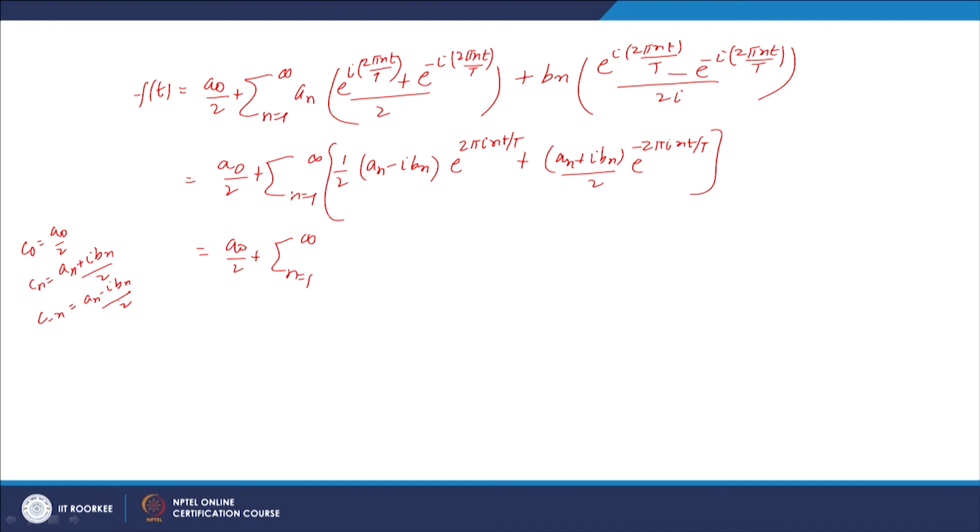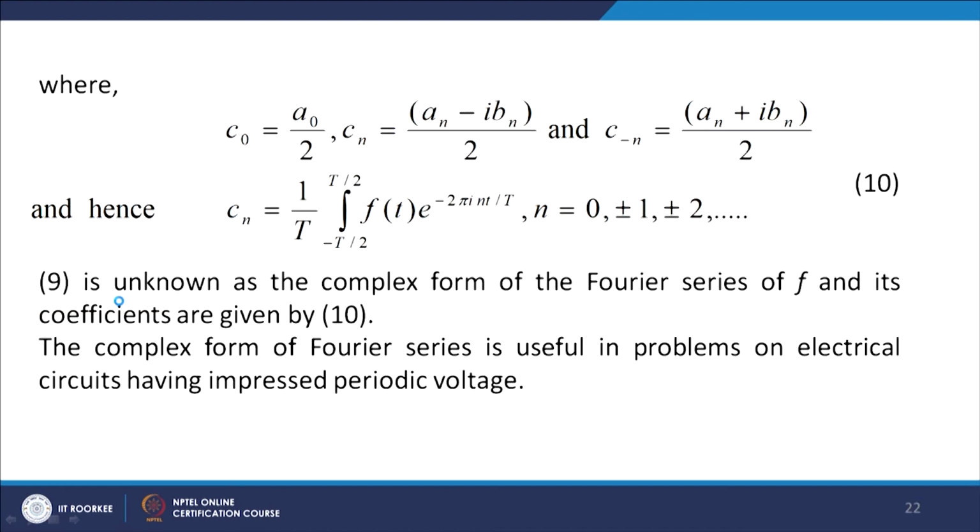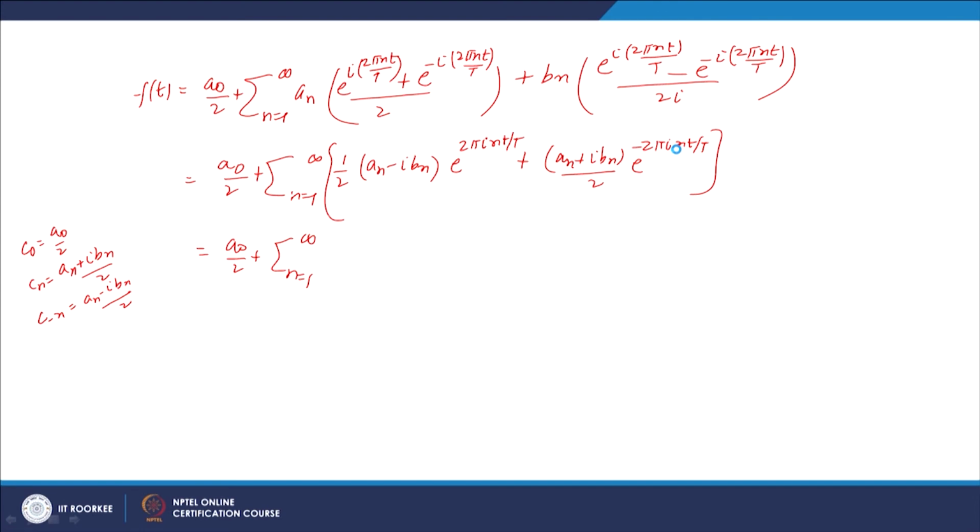Okay. Let us see what we have defined earlier. C naught equal to a naught by 2, C n equal to (a n minus i b n) by 2 and C minus n equal to (a n plus i b n) by 2. Let us make the choice like this. So, this is a n minus i b n, this is a n plus i b n.